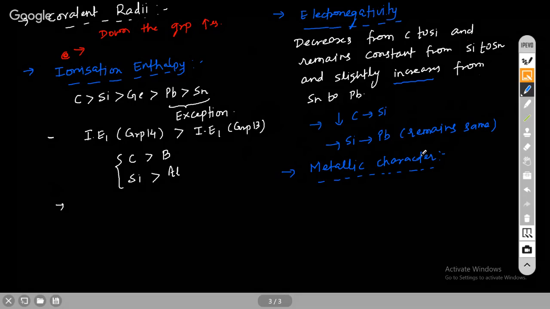In this you write down: as we go down the group, the metallic character increases.